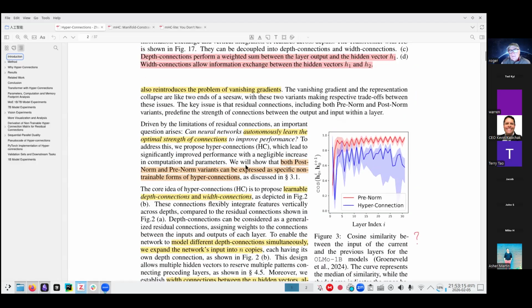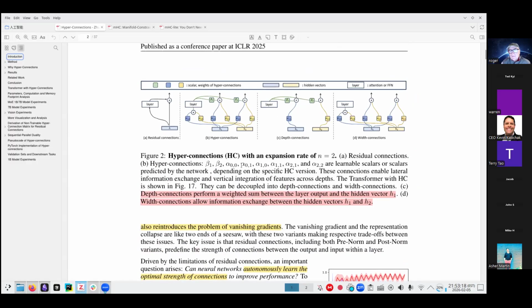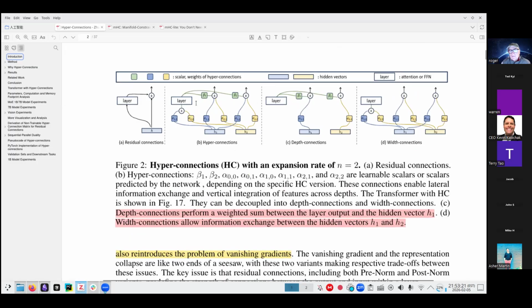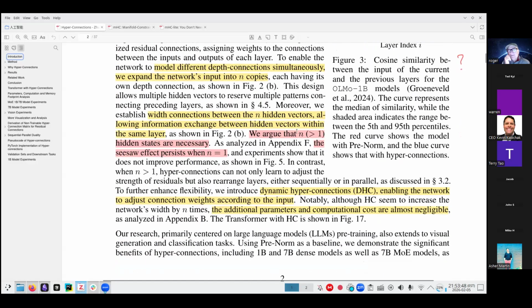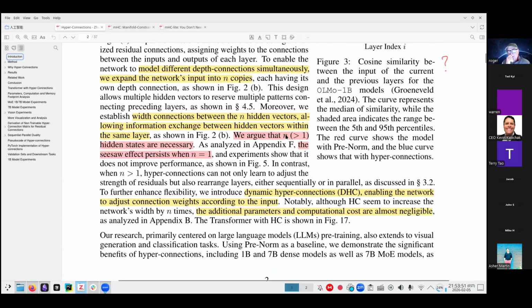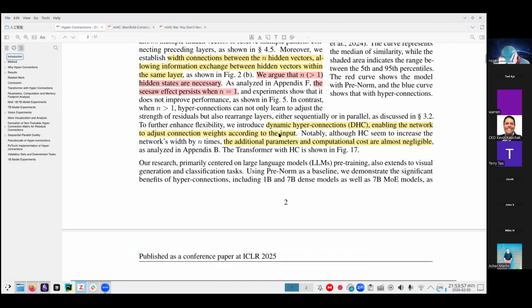Static means those scalars are trained and then fixed at inference time. The dynamic one means they train something and use the inputs or the hidden state to determine these parameters at inference time. So they train something else, and then use that to determine these scalars.